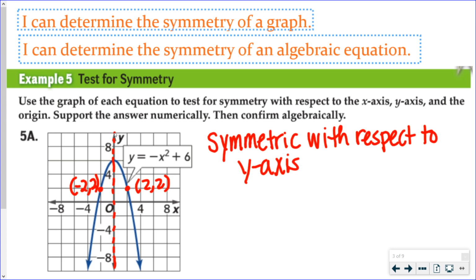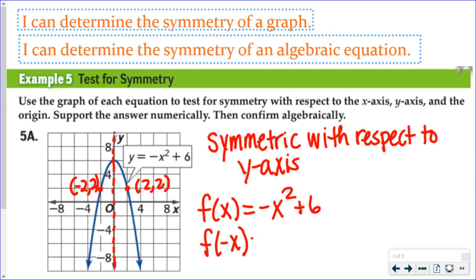So if I'm going to test this algebraically, here's my function. f(x) is equal to negative x squared plus 6. If I want to test to make sure it is symmetric with respect to the y-axis, I'm going to plug in negative x, and I should come up with the same answer. So f(-x) would be minus, and instead of x squared, I've got (negative x) squared, plus 6.